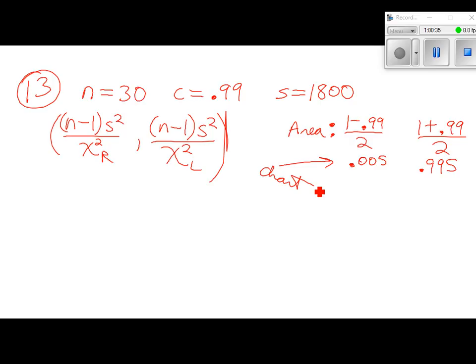We're doing the chi squared, right? So we need the degrees of freedom. What are the degrees of freedom? 29. Use that, look up on the chart, you can find those two, then you can plug in and find your limit. That's going to be your first interval. Your second interval, what you gotta do to each number? Square root, right? We'll figure it out.